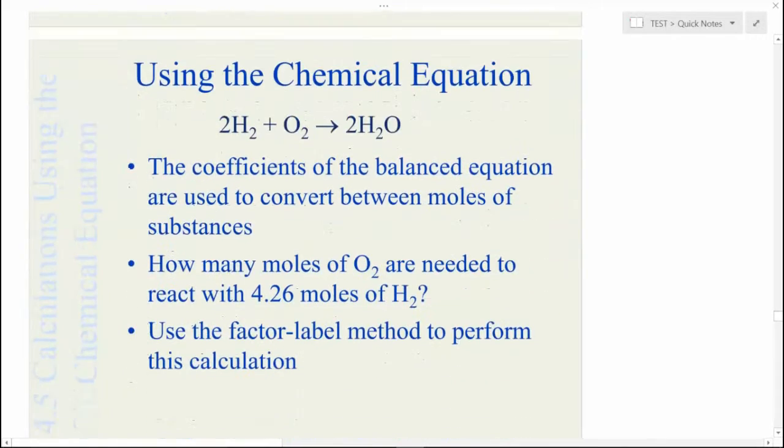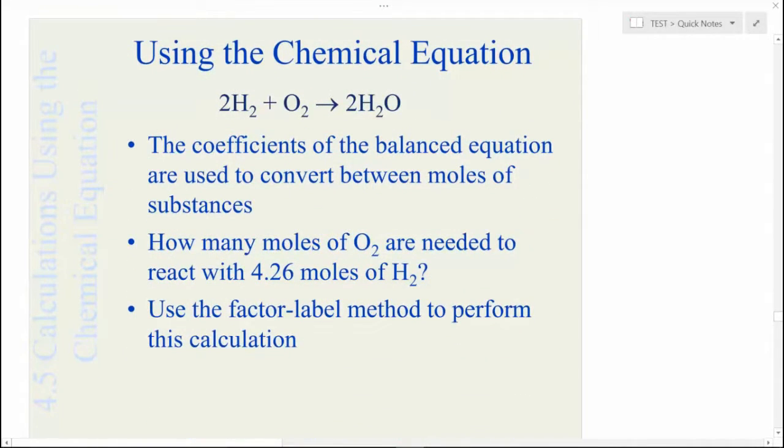So the coefficients of the balanced chemical equation are used to convert between moles of substances. So how many moles of O2 are needed to react with 4.26 moles of H2? This is a little more difficult because we're not using whole numbers anymore. So we need to set this up in a way that allows us to calculate how many moles of oxygen we need to react with 4.26 moles of H2 completely.